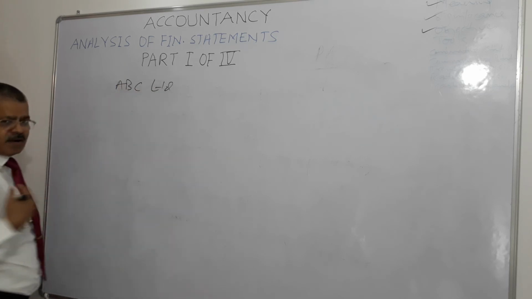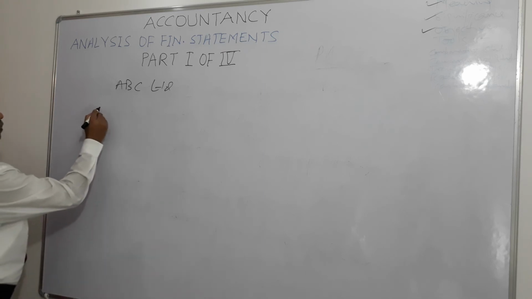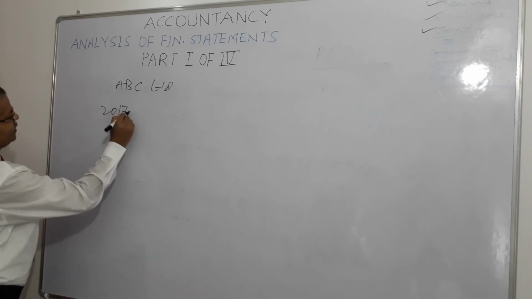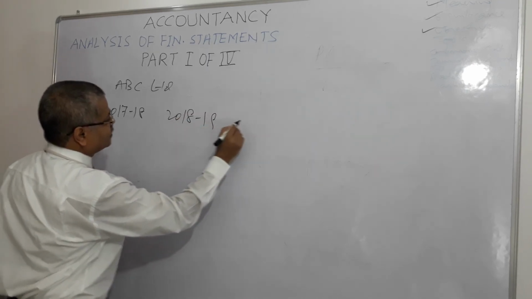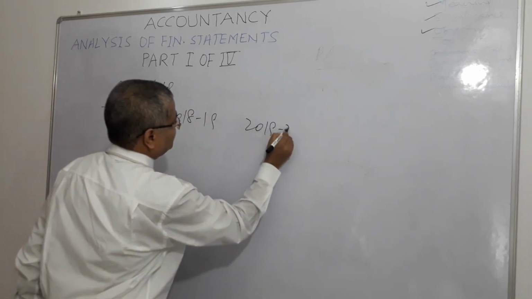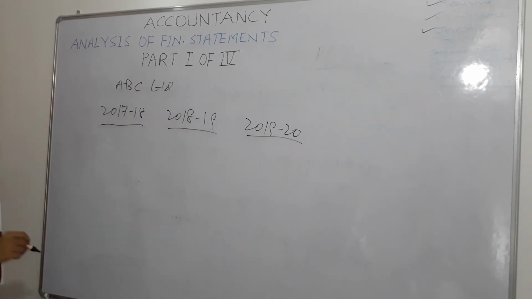I am a company, ABC Limited. So what is comparative statement? If I compare the balance sheet and/or the profit and loss statement for 2017-18, 2018-19, 2019-20, what do I do?